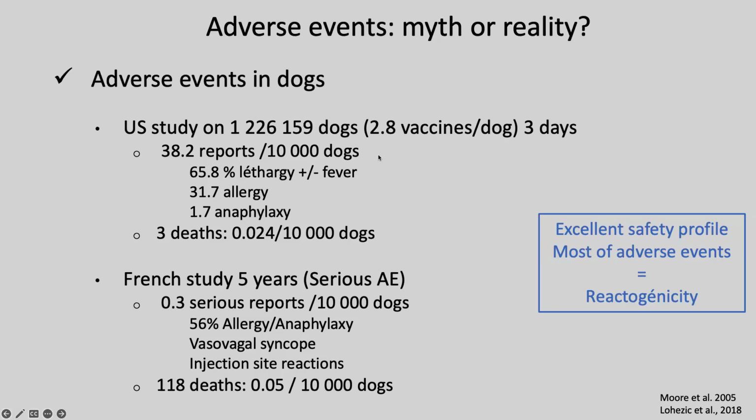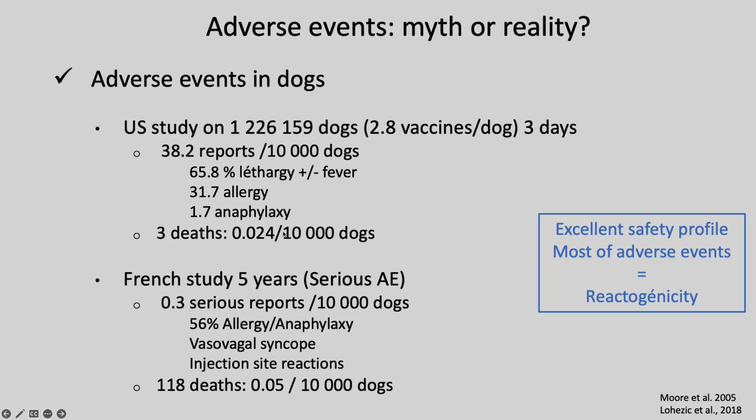And if we look at the result, you see that 2/3 of the adverse event reports were lethargy with fever, which means reactogenicity. And more or less 1/3 was allergy. If we look at the deaths that could be linked to the vaccination, they observed 3 deaths. But I remind you that you have 1,200,000 dogs, which means that the 3 deaths are very, very low and maybe not even linked to the vaccinations.